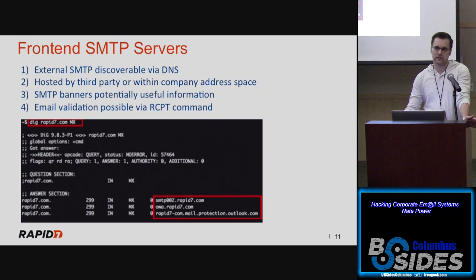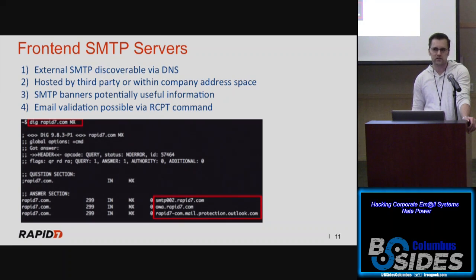These are pretty easy to discover, the external systems, because there are DNS records out there. The MX records are designed so you can find these services. I would probably say lately, just from my experience, it's been 50-50 whether the external SMTP services are third-party hosted versus a company actually running an SMTP server within their internet address space.